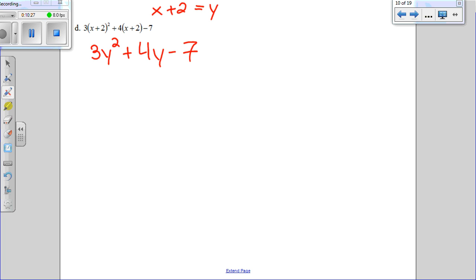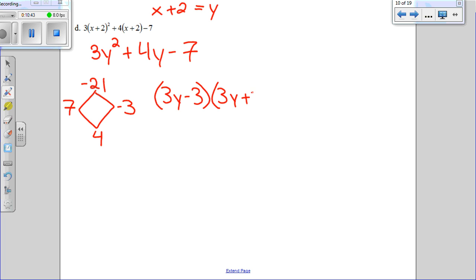Negative 21 and 4. Then it would be 7 and negative 3. That gives me 3y minus 3, 3y plus 7. The second things in the binomials are inside the brackets. The first term in each binomial is 3y and 3y.